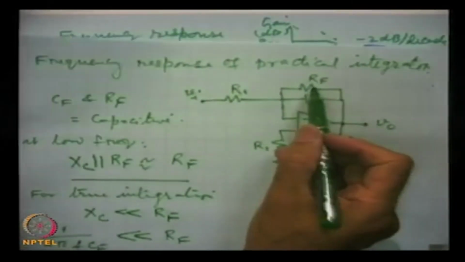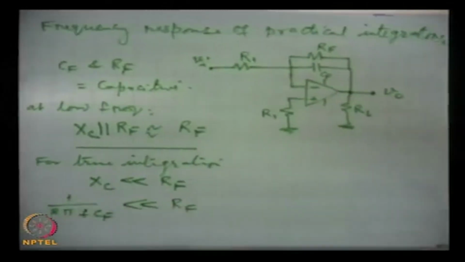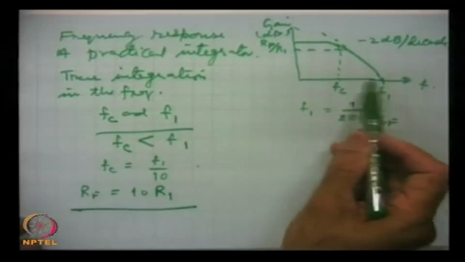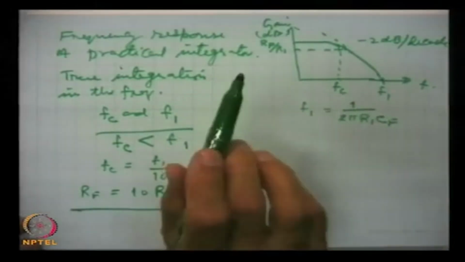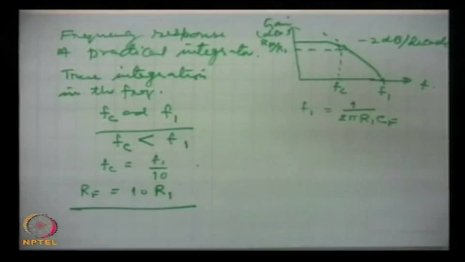This resistance is 10 times of this resistance in the design. So, integration will occur in this frequency region. The integrator is not used below the frequencies Fc.